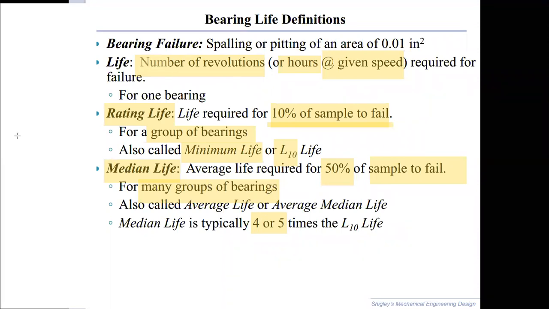For example, you took 100 bearings, and when the first 10 bearings fail, the revolutions those bearings completed would be the L10, or the rating life of that bearing. So this is a very important term that we use when we are talking about the life of a bearing.